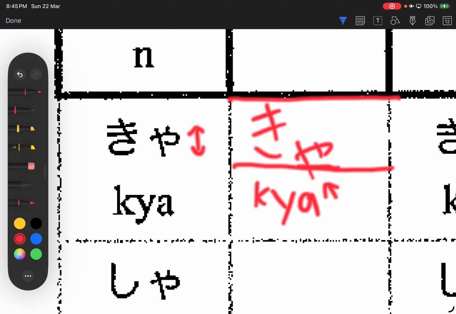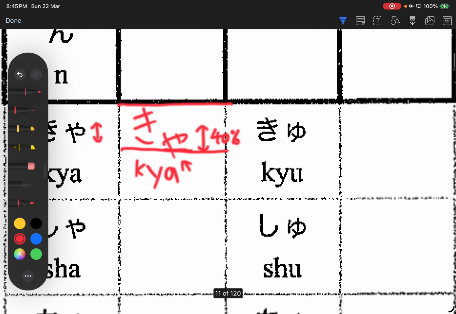So we will say that the size of this is maybe about 40% of the original size. 40 to 50 is good. Okay, so how we tell them apart is really just to look at the size. Then we know whether they are a contracted word or not. If they are contracted, we should say them out in one breath, right? One mora. So kya. Right, like the Korean car, Kia.